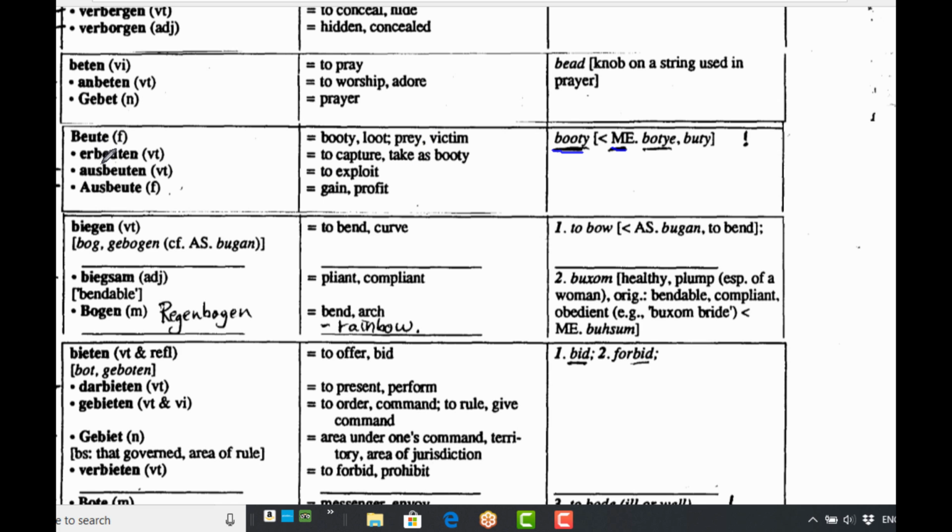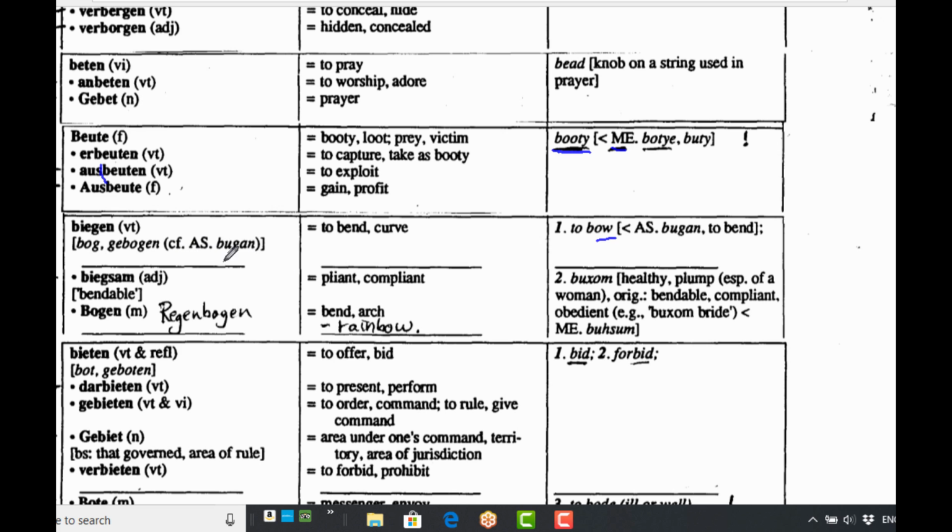So this means out of. And then die Ausbeute is the profit or gain that one gets from capturing something, or from taking it as booty. So our English word booty comes directly from the German, die Beute. And then biegen is to bend, to bow.